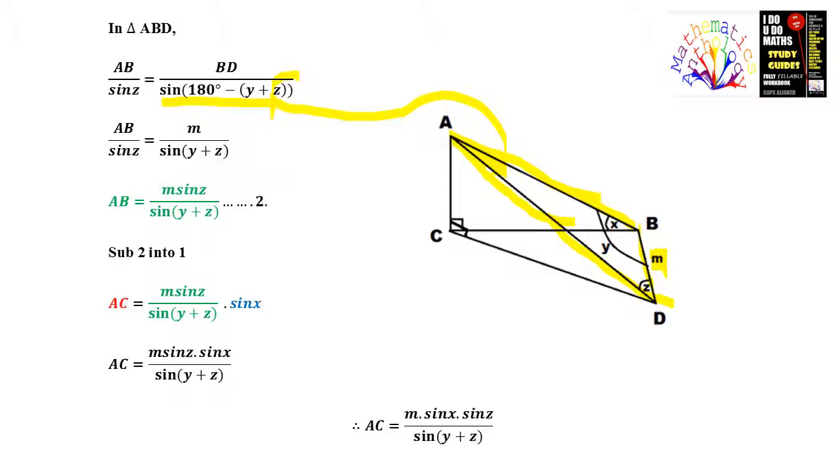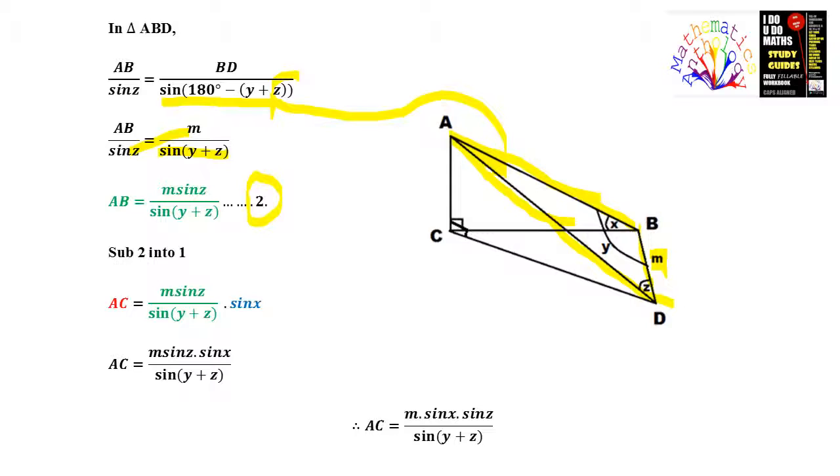So that entire thing would simplify to positive sine of Y plus Z. Now I can cross multiply and make AB subject of the formula. So when I do that, I will end up with AB is equal to M times sine Z all over sine of Y plus Z. And this I will call equation 2 now.